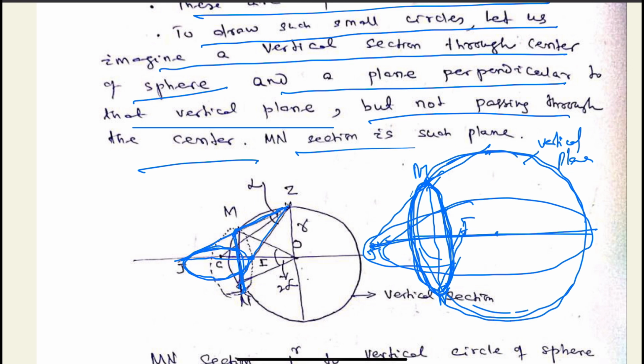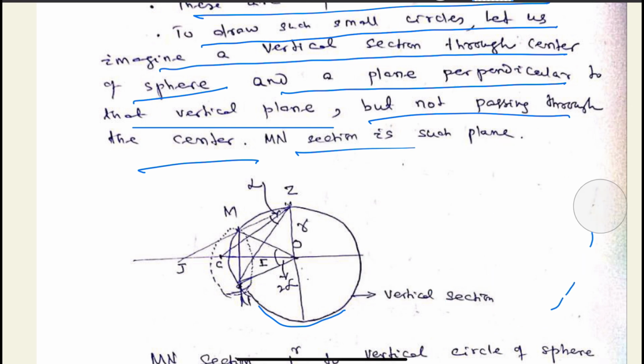So this is the circle that will come into the picture out of this MN section perpendicular to this vertical section. So we have got I out of N, J out of M, and this is the circle. This is the circle in the equatorial plane whose center is C.